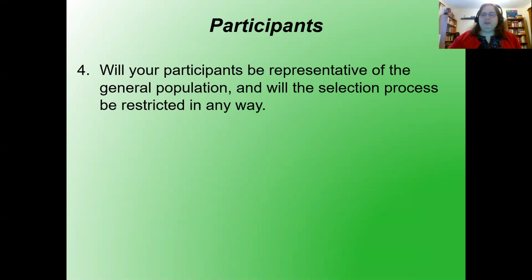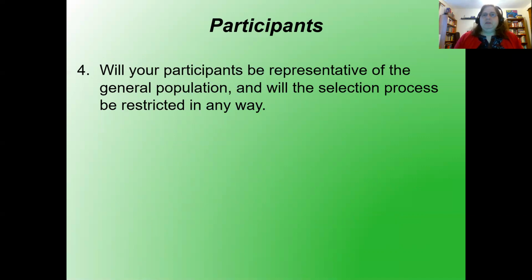Let's say you're doing something where they have to view words. Well, if they cannot see, then they may not be good participants for this particular study. You might have to eliminate, say they have to be able to see the words in order to participate. They couldn't be blind to the extent that they cannot see these words.